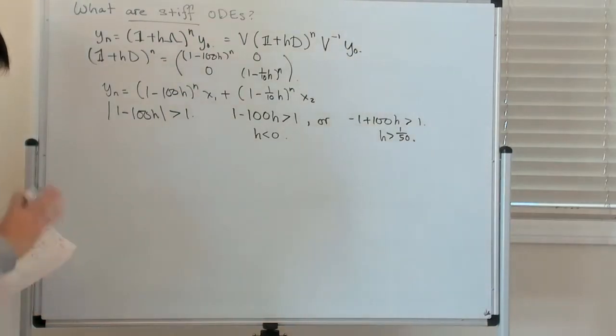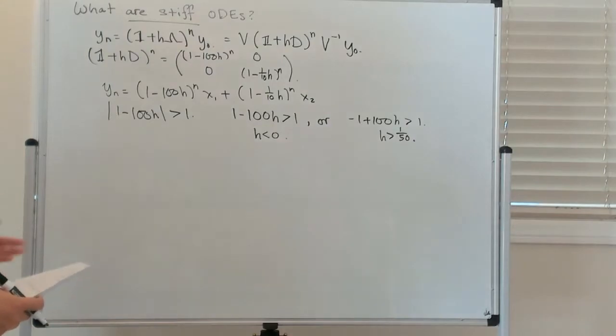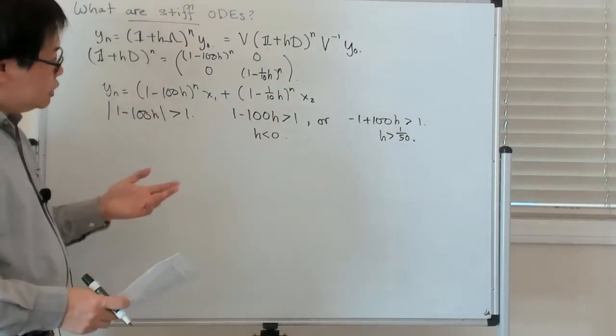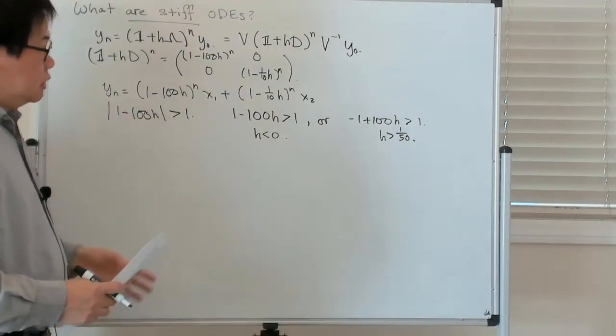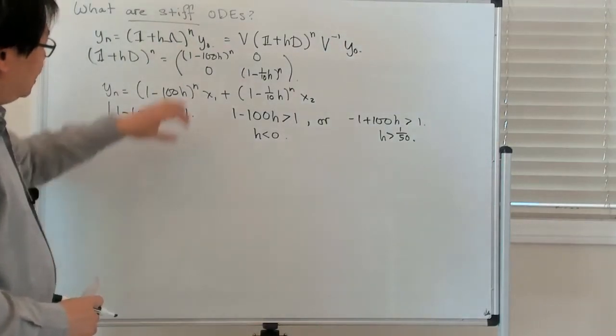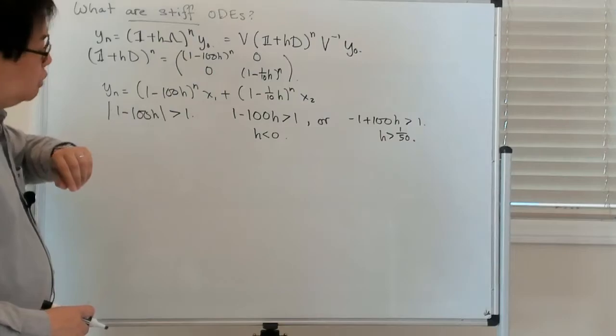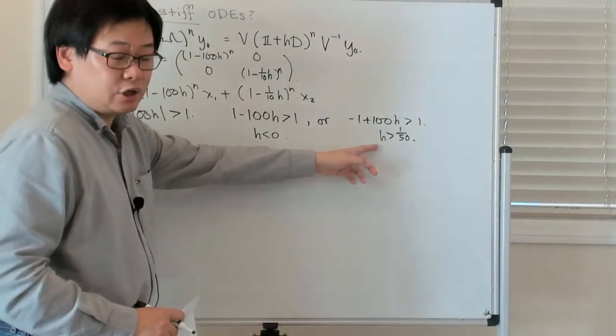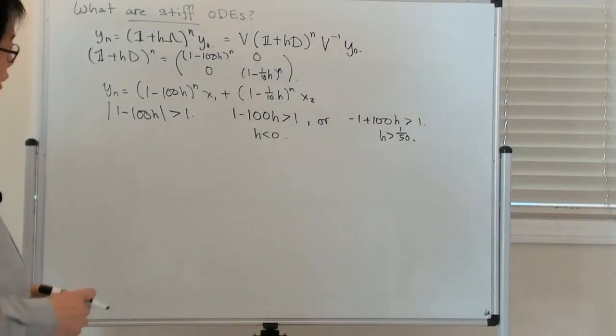Okay, so that's something you might want to avoid. So you might ask, and it's a reasonable question, well, the solution looks like this combination. If you were to conspire to choose the initial condition such that this x1 term is 0, then maybe things would be okay, and you can take time steps which are larger than 1 over 50, and things are still all right.